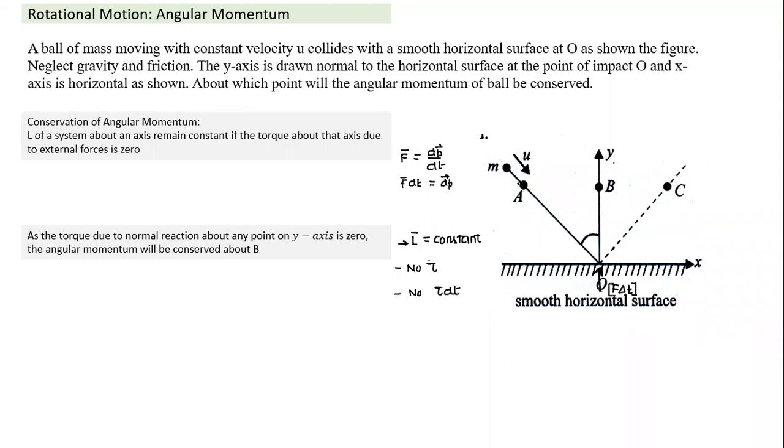But when I take about A, the torque of the normal reaction about A is not 0. A is not on the line of action of the force, so it will have a perpendicular distance and it will have a torque. And when the torque exists, the angular momentum will change. So if I take three axes A, B, and C, about which axis will the angular momentum of the ball during or after collision remain conserved? It is about B only.